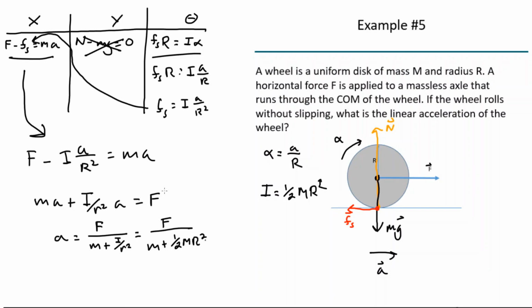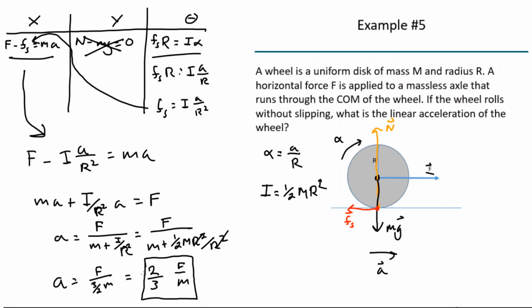These R squareds cancel out, and I get F over m plus 1/2 m. So a equals the force over 3/2 mass. I'll write this as 2/3 F over m. Okay, that's our acceleration in terms of these quantities, F and the mass m of the wheel.